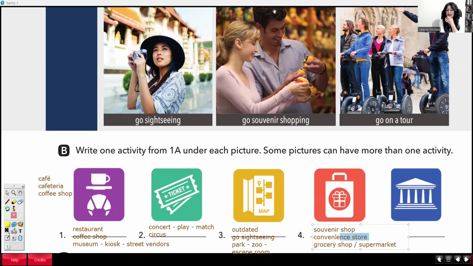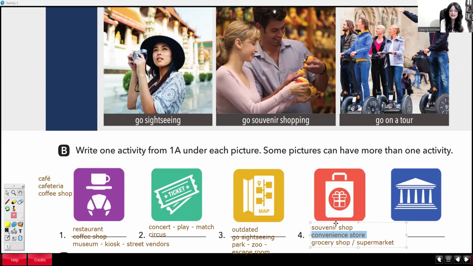And I have here a convenience store. What is a convenience store? Who knows? It's not a mall. It's not a shopping mall.